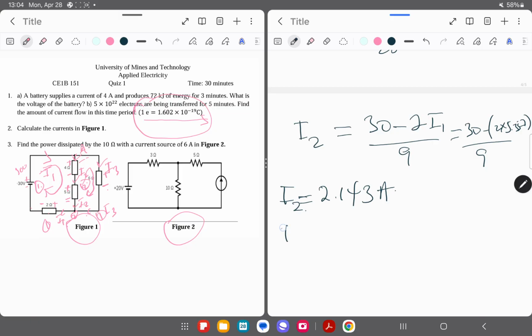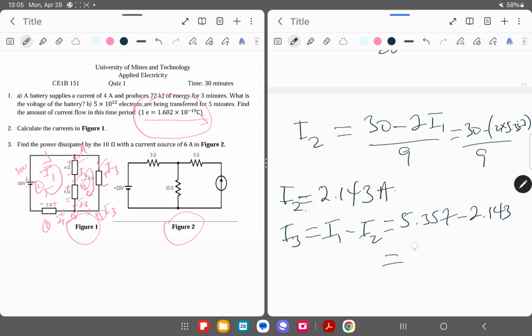This is I2. Now you know I3 is I1 minus I2. So I have 5.357 minus 2.143.